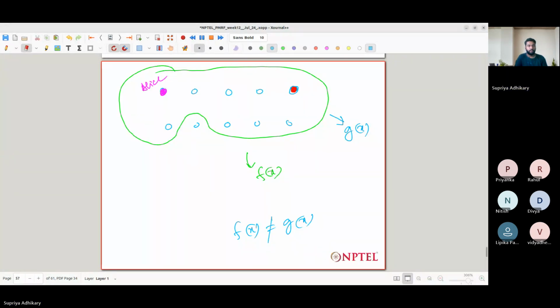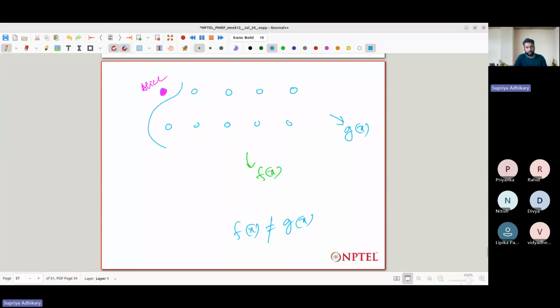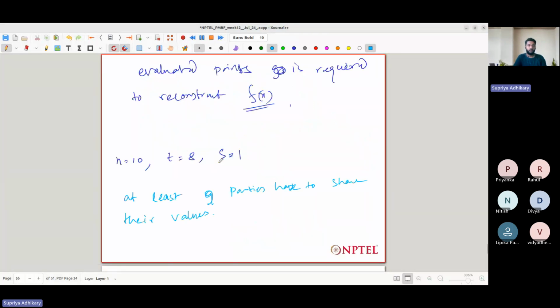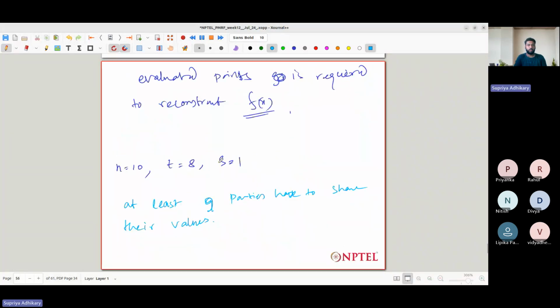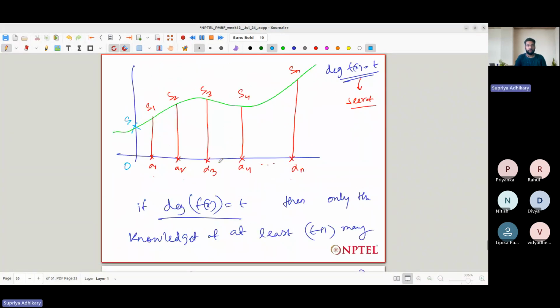In fact, if none of the points are corrupted, then Alice would exclude 1 point. Let's say Alice first excludes her own point and constructs this polynomial f(x). Then Alice would exclude this point, take all the other points and reconstruct the polynomial, and she will again get f(x), because there is only a unique polynomial that can be evaluated on these 9 points.